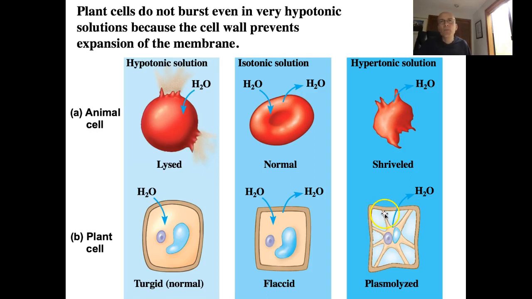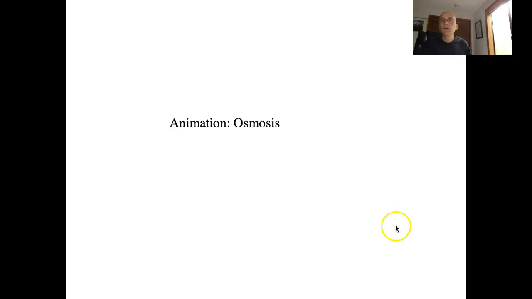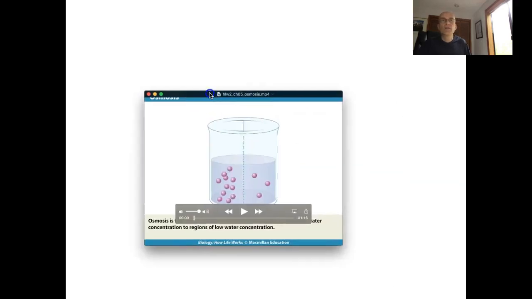And at some point, when you do this for too long, they will actually come off here, and you will just see a tiny little circle inside, and that circle will be the so-called plasmolysed cell inside the cell wall now. So you can see that when you put it in a hypertonic solution, like a strong salt solution. All right, I want to show you this in an animation as well.